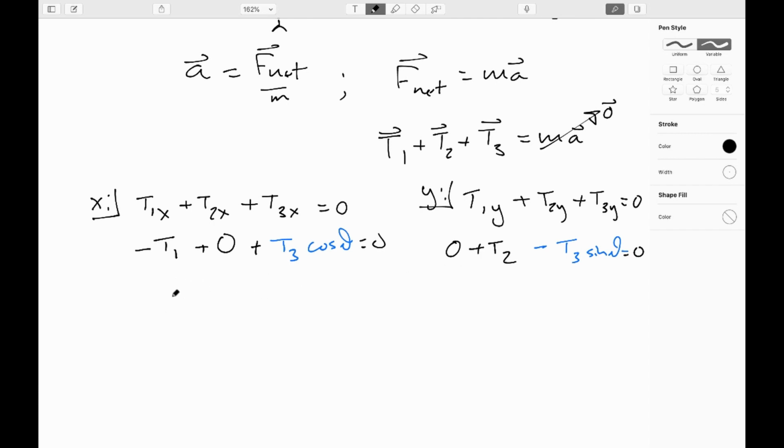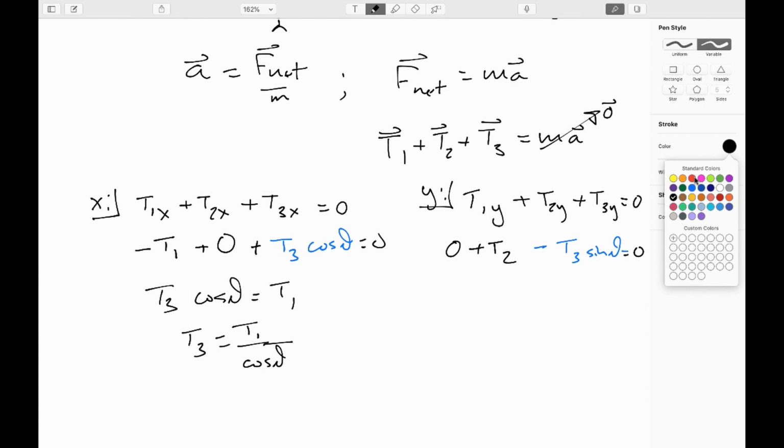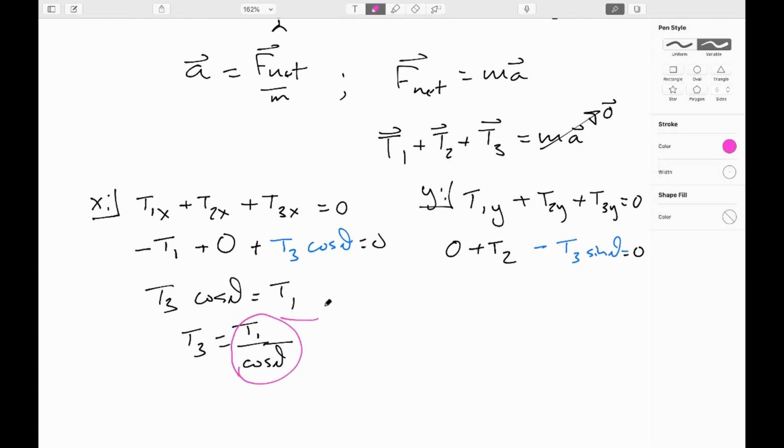My apologies there. So let's start with this one. We'll say T3 cosine theta equals T1, just dividing... just moving T1 to both sides. So T3 equals T1 over cosine theta. I can now take that and stick it in over here for T3.